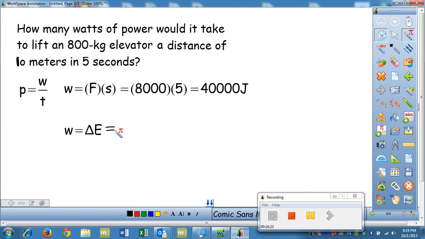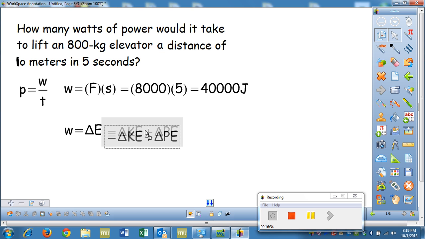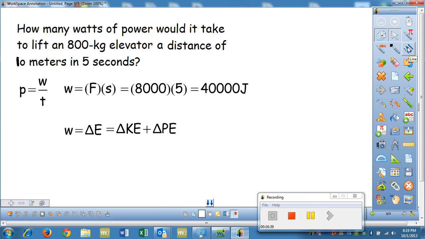Because this is going to be the change in kinetic energy plus the change in potential energy. But assuming the elevator is not moving in the beginning and it's not moving in the end, we can say that there is no change in kinetic energy. So we're really talking about change in potential energy. And that's just mgh, right? So that's going to be equal to mgh.